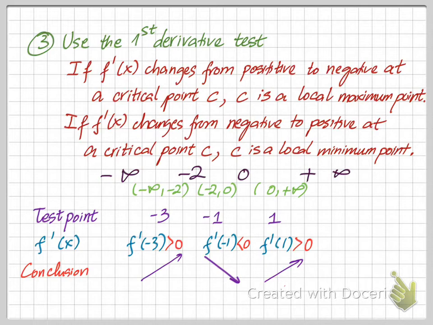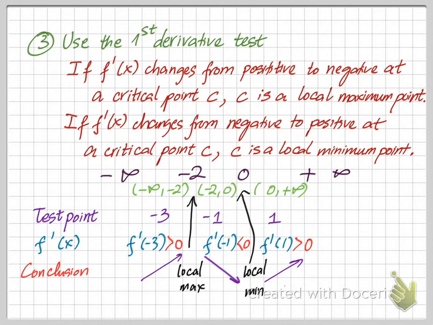Okay. So now if we use the first derivative test, the derivative changes from positive to negative at x equals -2, so -2 is the local maximum of the function f of x. And then the derivative changes from negative to positive at the point x equals 0.